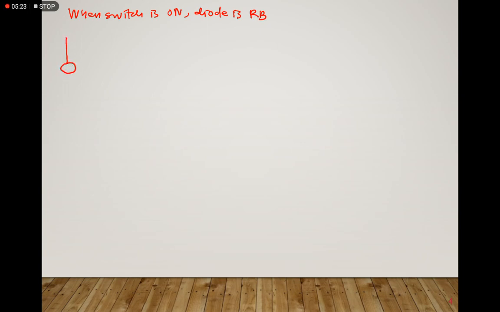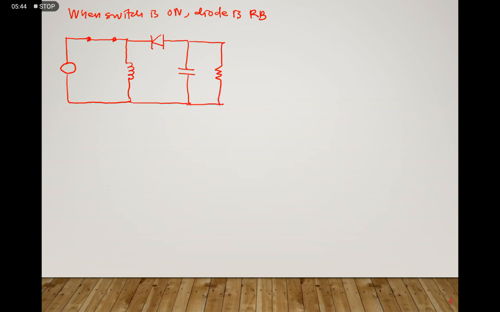We have the input voltage, and then the switch here, and then we have the inductor over here. Then we have the diode here, and also the capacitor and the load. Remember, the capacitor will always be connected in parallel with your load.